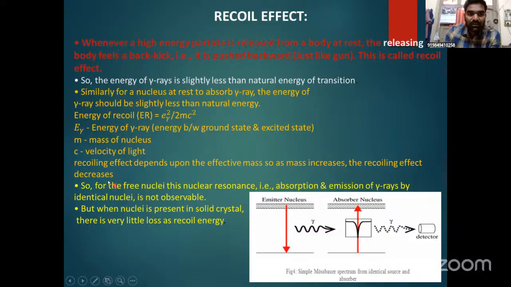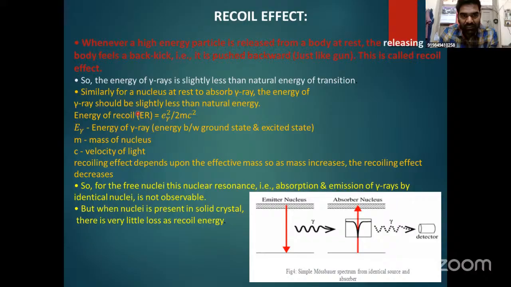So the recoil effect depends upon the effective mass. As mass increases, the recoil effect decreases. From this formula, you can observe that the recoil energy ER is equal to E gamma squared by 2mc squared, so ER is inversely proportional to m. As the mass of the nucleus increases, the recoil energy decreases.